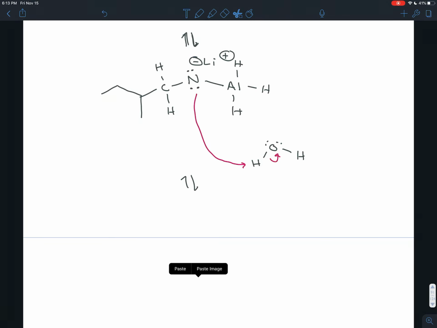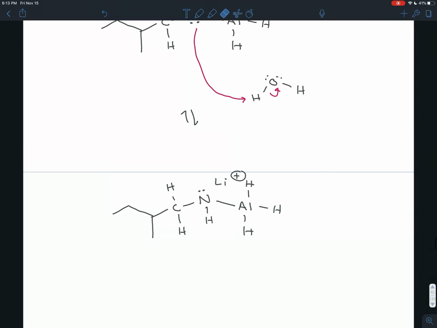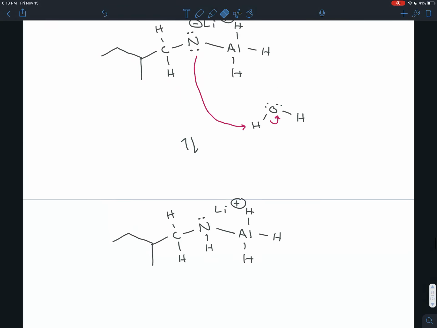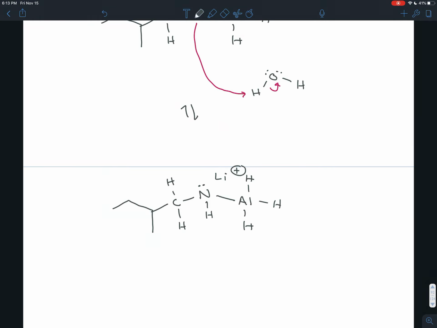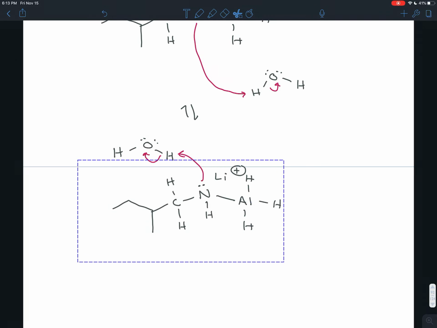So now, what we have left is the nitrogen has these 3 bonds. It doesn't have a negative charge anymore. It's slightly negative though. And so another water can come in and do another proton transfer. This lone pair can attack that here. So you do another proton transfer. Amines in general are slightly basic.